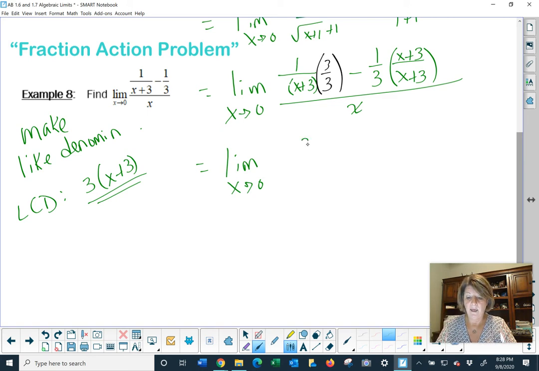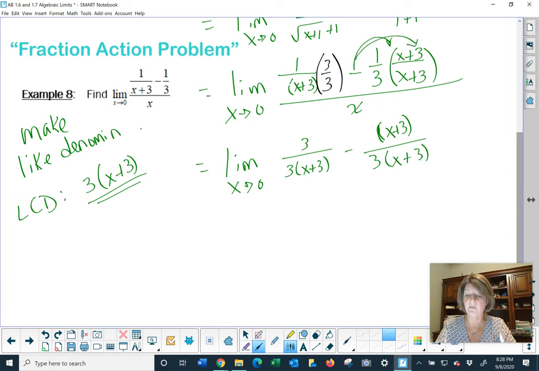I would have a 3 on top, common denominator of 3 times x plus 3, minus x plus 3. I'm going to leave that in parentheses over 3 times x plus 3, because this negative really needs to distribute through. Right? Another line of work.